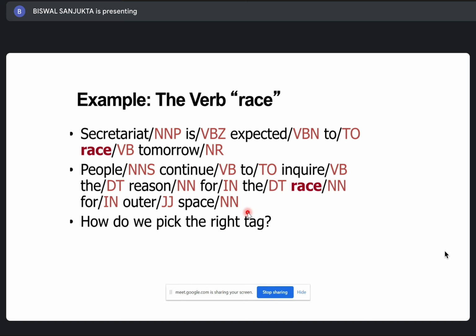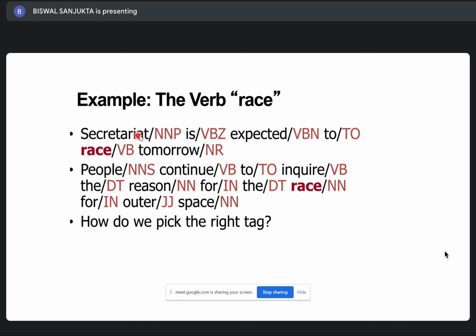So there is this example: "secretariat is expected to race tomorrow." We have a sentence like this. What they are saying is that this is an ambiguous statement because "race" can be a noun, it can be a verb.